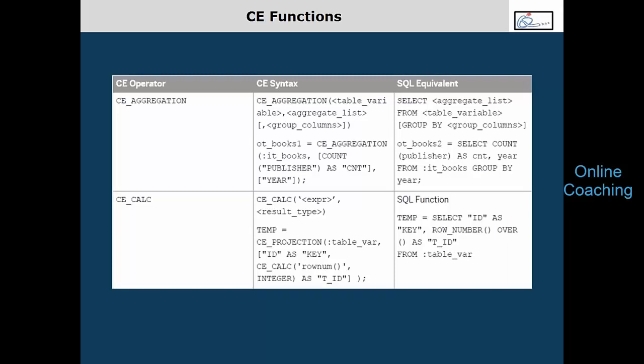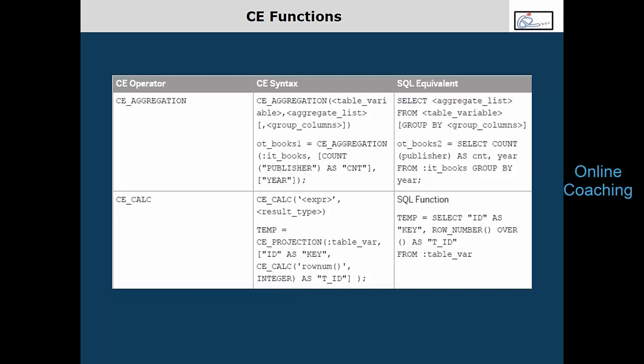Then CE_AGGREGATION is for aggregating the records. Let's say in normal select statements you write something like select sum of, max of, min of, and whenever I use these aggregate functions, I must use the group by clause, right?